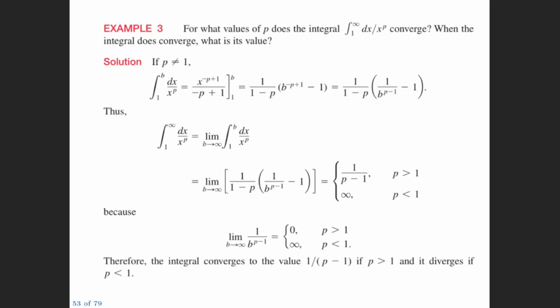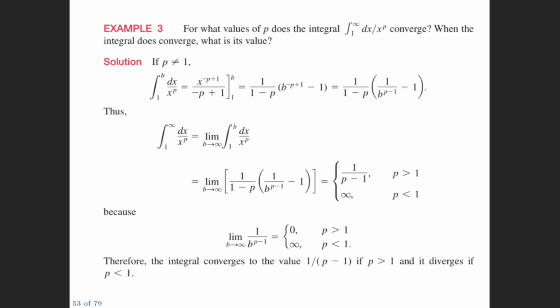So we replace the infinity by a letter, let's say b, calculate this integral, and then we take the limit as b tends to infinity, and this is what we find. If p is greater than 1, we get 1 over p minus 1. If p is less than 1, we get infinity. So the integral converges if p is greater than 1, and it diverges if p is less than 1.